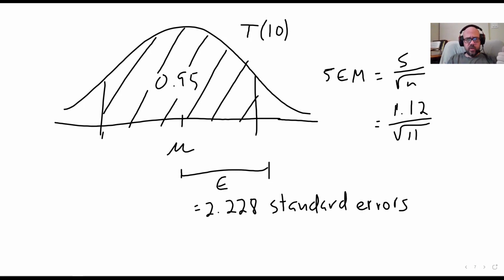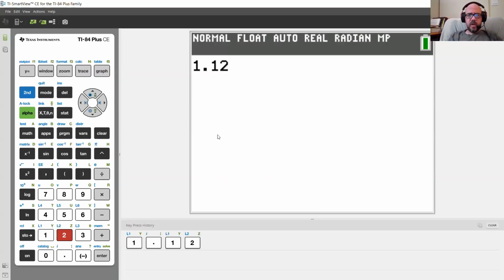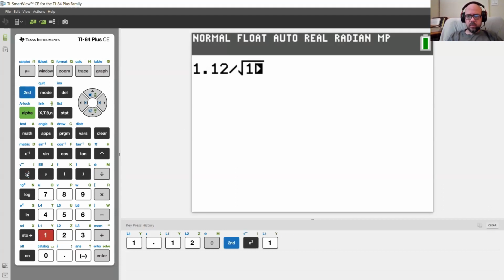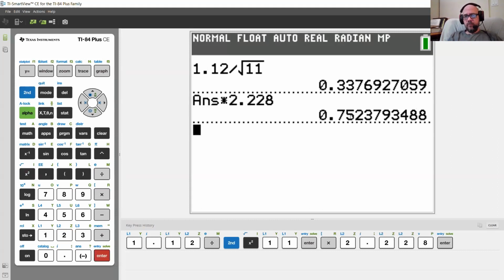Right, so I'm going to go over to my calculator. So we're going to do 1.12 divided by the square root of 11. That is the size of one standard error. I need to go 2.228 of those on either side of X bar, so I need to multiply that by 2.228. And this is my margin of error, 0.752, let's say.